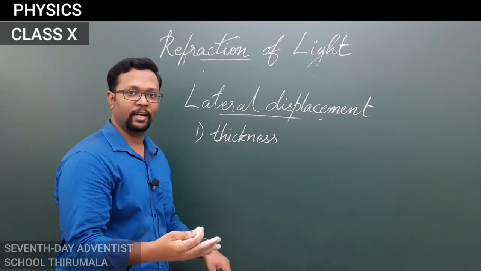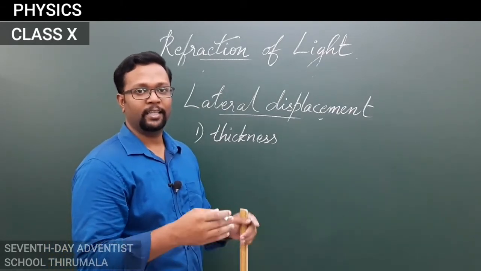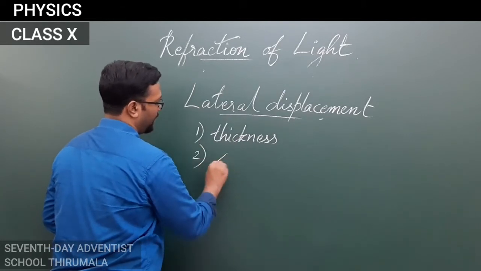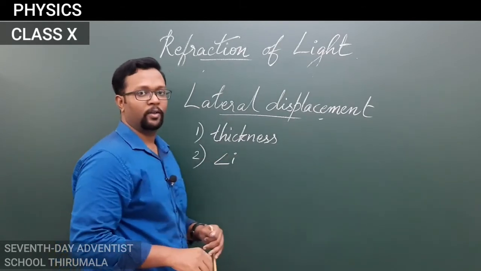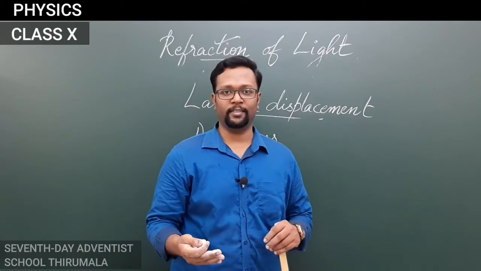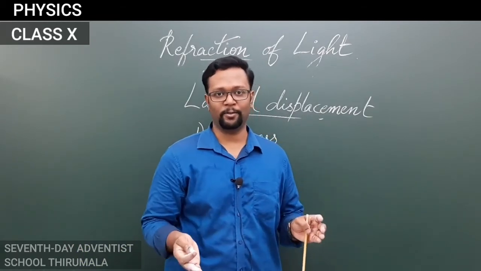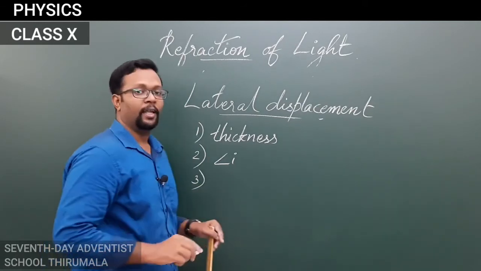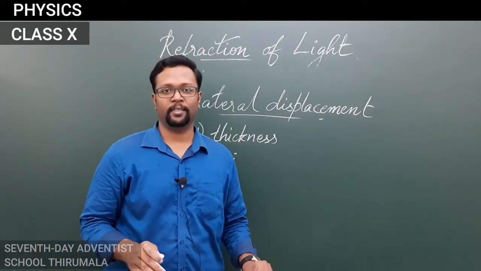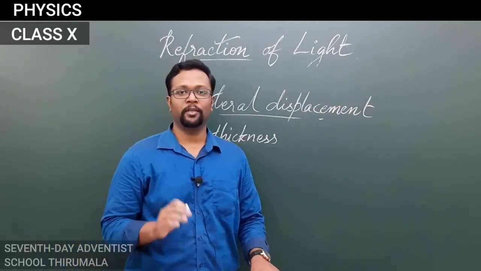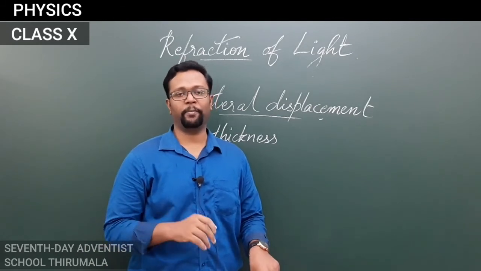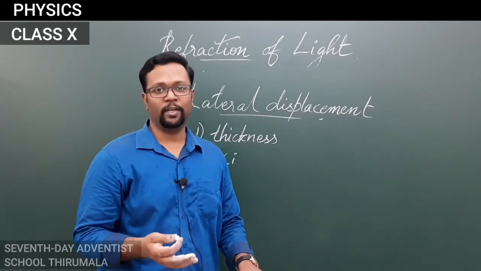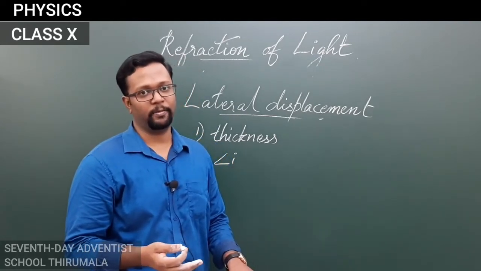The more the thickness of the glass, the higher the lateral displacement. Second, the angle of incidence: when you increase the angle of incidence, lateral displacement also increases. Third, lateral displacement is directly proportional to the refractive index of the given pair of mediums. The higher the refractive index, the larger the lateral displacement.